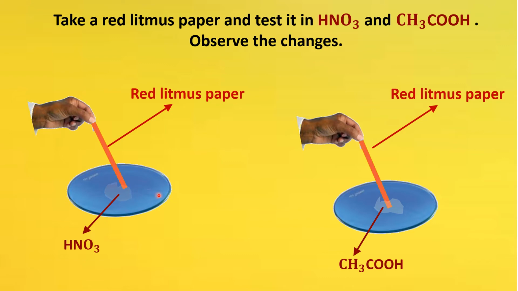In the previous case also we have seen that with HCl and then H2SO4, the red litmus paper has not undergone any change. So with these four solutions, that is HCl, H2SO4, HNO3 and acetic acid solutions, red litmus paper is not undergoing any change.